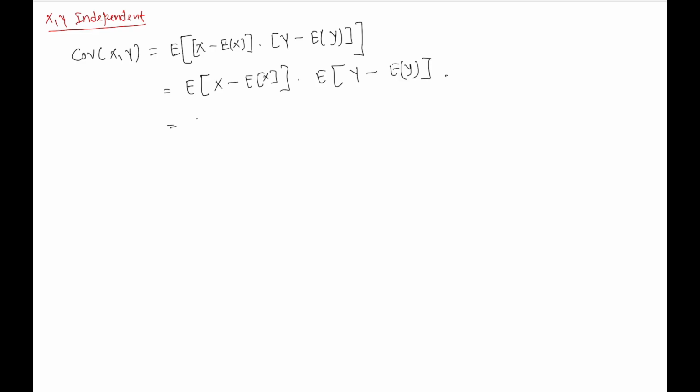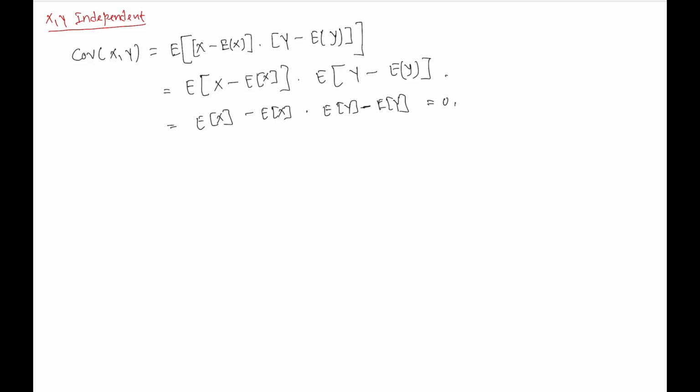And this would be the expectation of x minus the expectation of x, where the expected value of x is some constant, times the expected value of y minus the expected value of y. So that would be 0, right? So if we have two independent random variables, then the covariance would be 0.